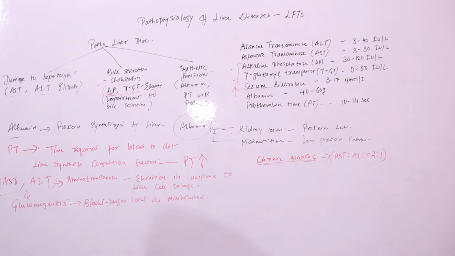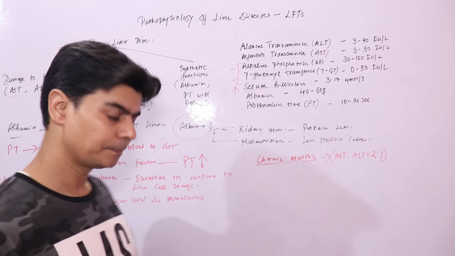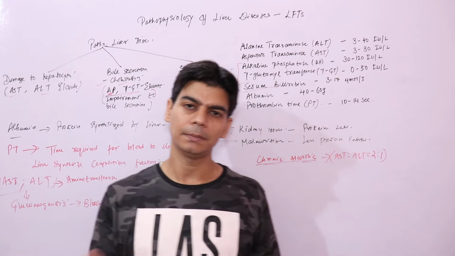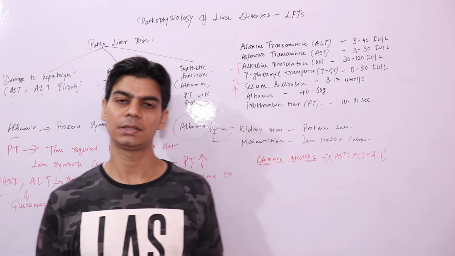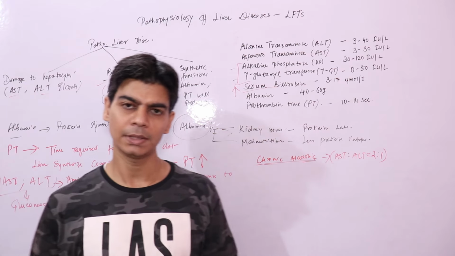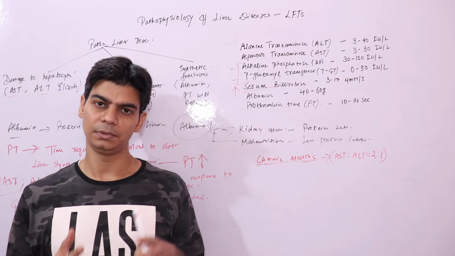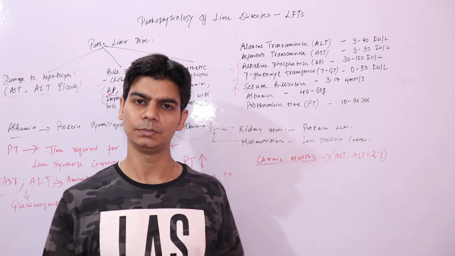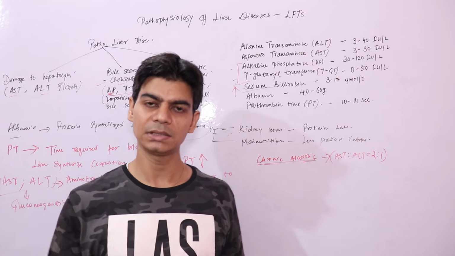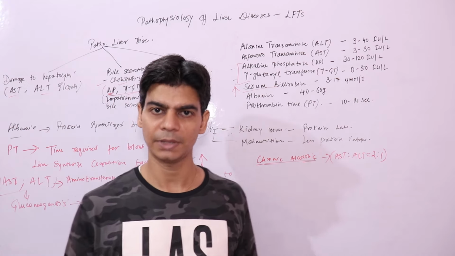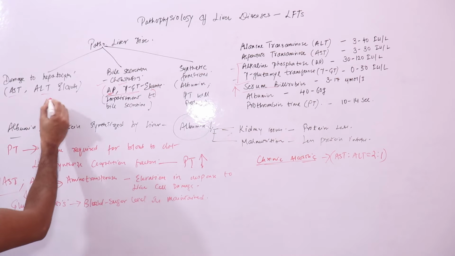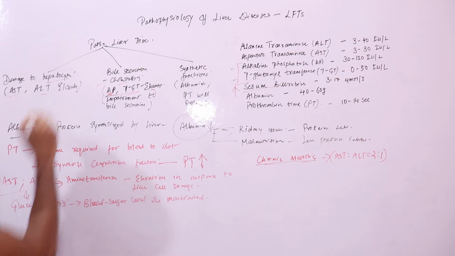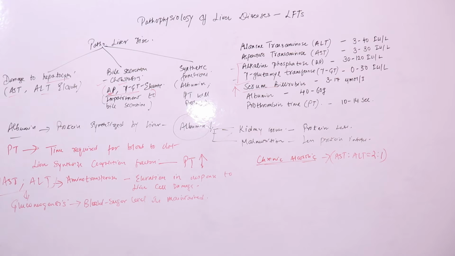Now there are certain medications, like some antibiotics and statins that are used to treat high cholesterol. Long-term usage of these medicines can cause liver damage, right? So it can cause hepatocellular damage, or it can cause cholestasis.